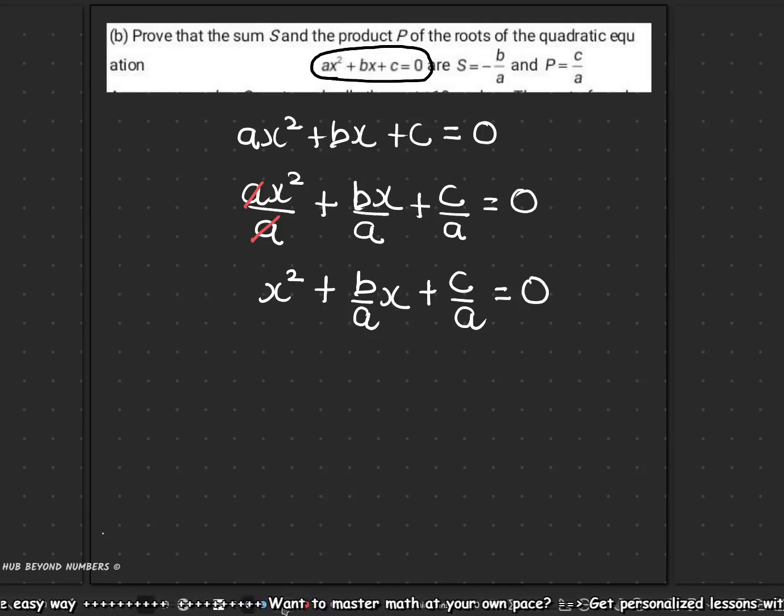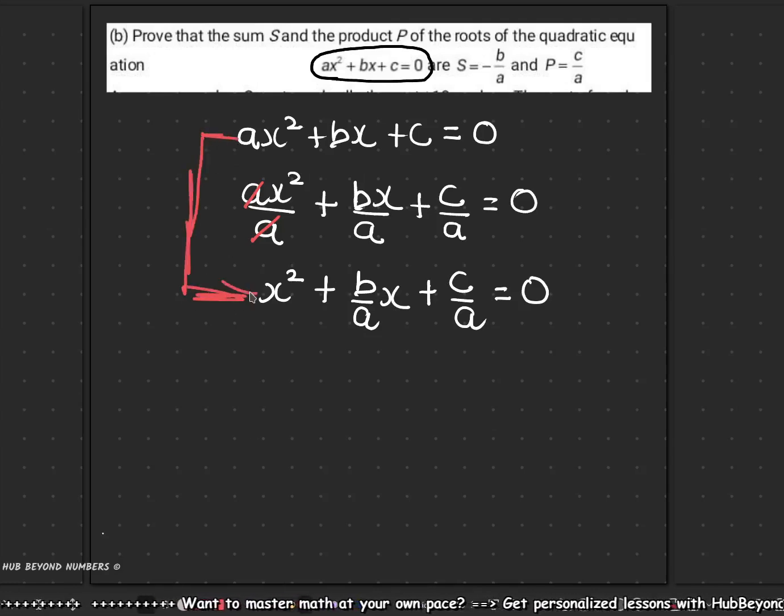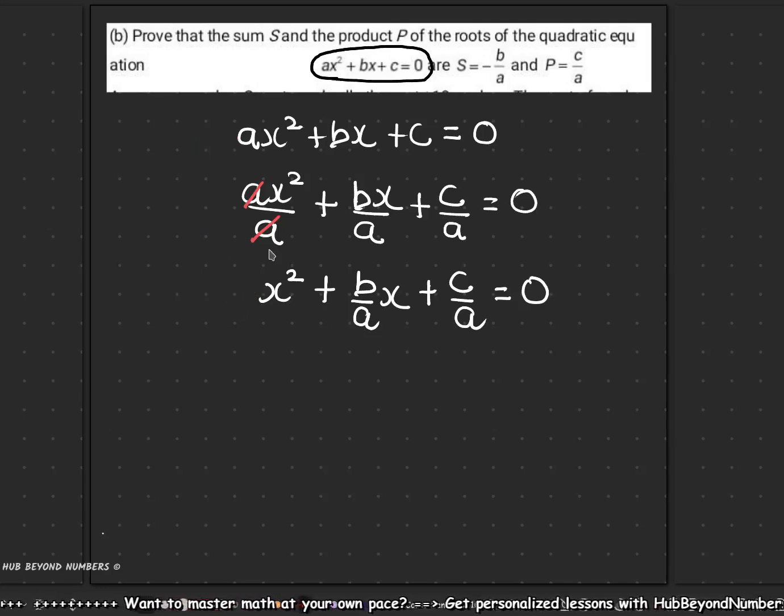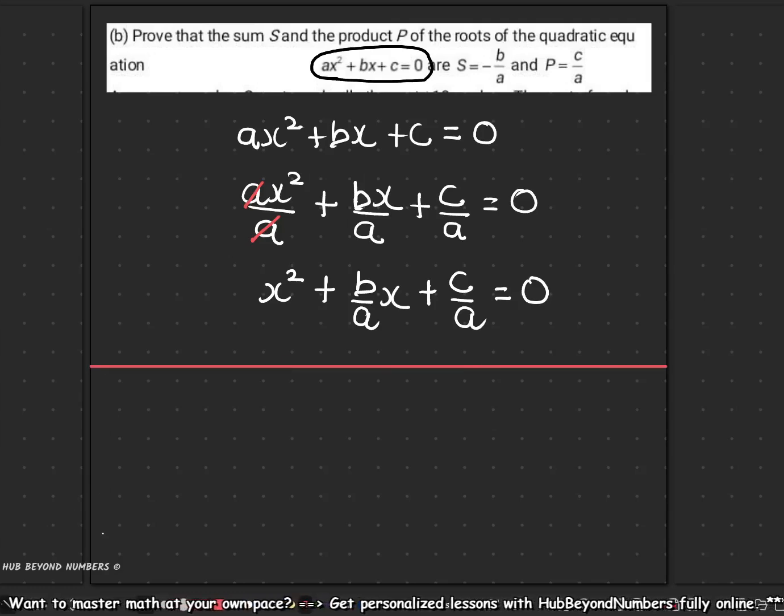So all we've done over here is rewrite this equation in this form so that it would help us get our required result. I hope that makes sense. Okay, so if we are done with this, let's just draw this line here and get to the next part.